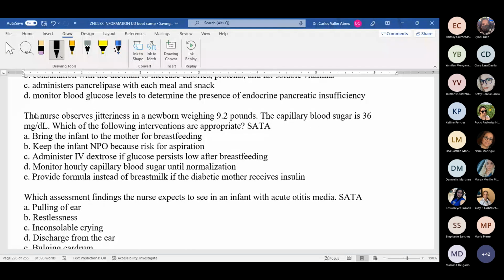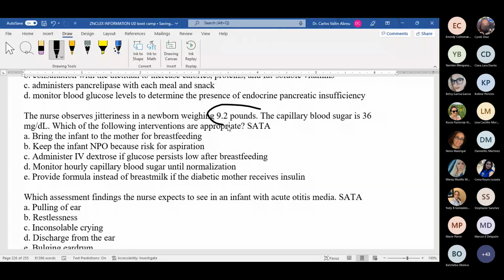Okay. Let's see this. The nurse observed jitteriness in a newborn weighing 9.2 pounds. How is this weight? Overweight. Okay, it is a macrosomic baby.